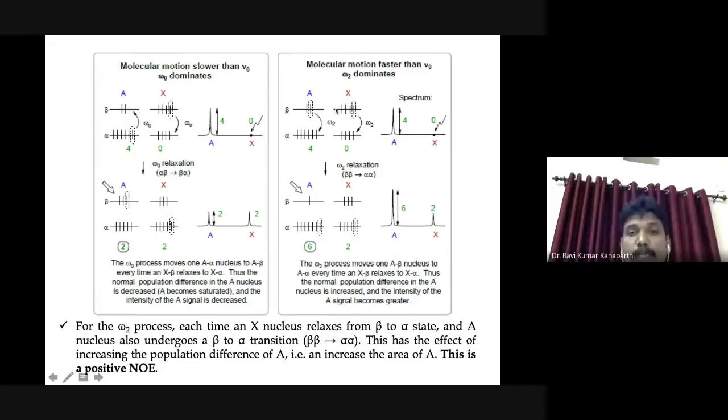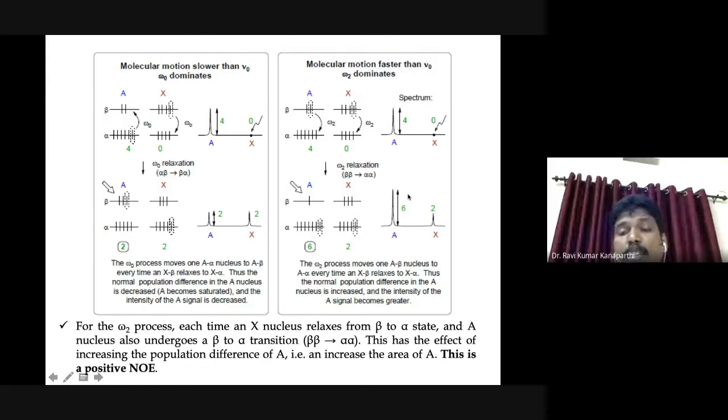So in the case of the double quantum transition process, the population difference actually enhances, therefore the signal intensity increases. This is what we call the positive NOE. Positive NOE means that, as compared to the original signal intensity of A, after it has relaxed back using the double quantum relaxation process, its intensity is enhanced.